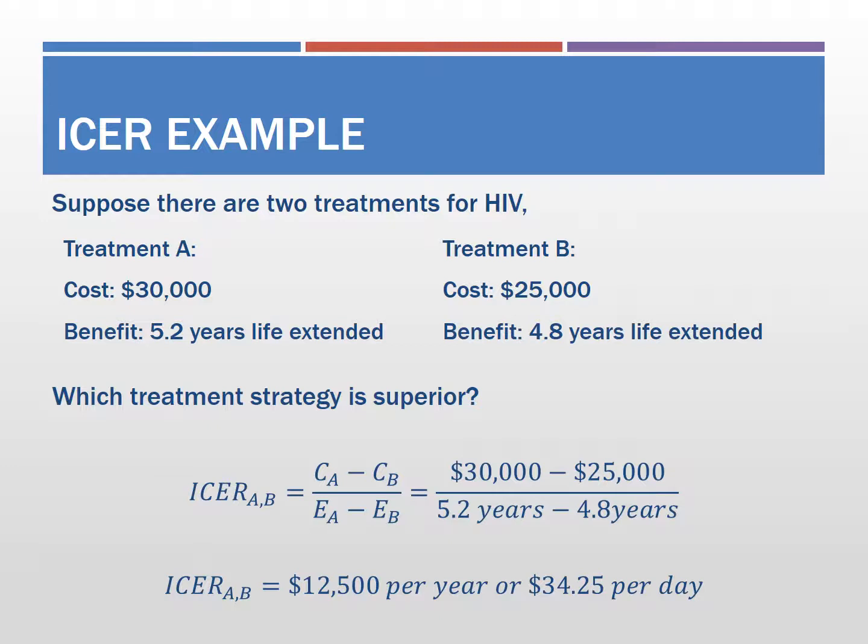Or you can simplify it, because we have the number per day, and say that it costs the patient $34.25 to extend 1 day of life by taking treatment A compared to treatment B. So this ratio makes a very important interpretation in the evaluation of which treatment should be covered.